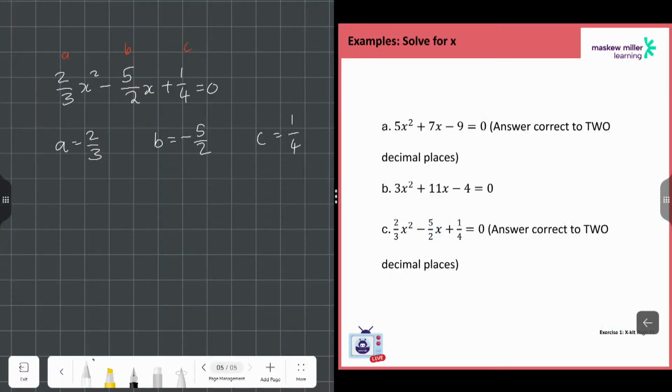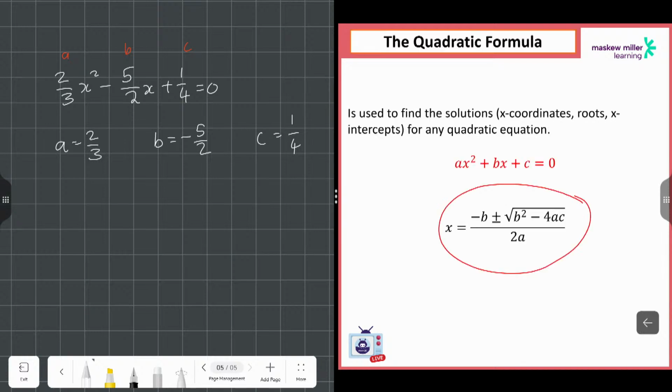But if I'm going to have to substitute fractions into a formula which is already a fraction, it can be very messy, and I can make a mistake very easily. So what I would advise is to first get rid of the fractions, so I can work with whole numbers.